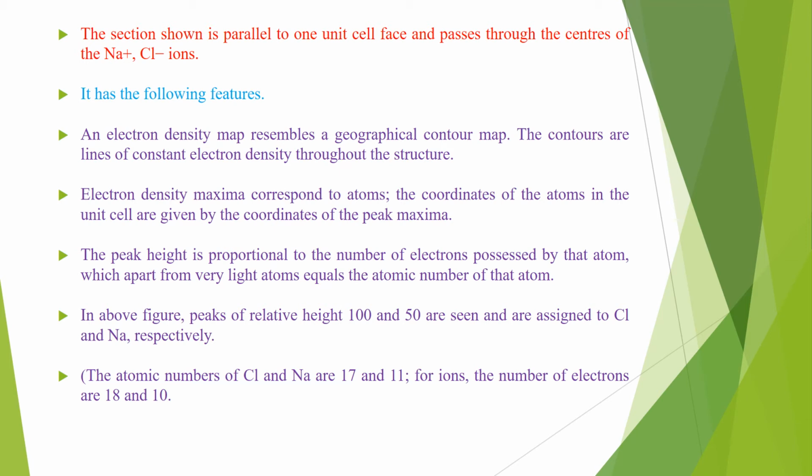In the above figure, peaks of relative height 100 and 50 are seen and are assigned to chloride and sodium ions respectively. The atomic numbers of chlorine and sodium are 17 and 11, and for the ions the numbers of electrons are 18 and 10 respectively.